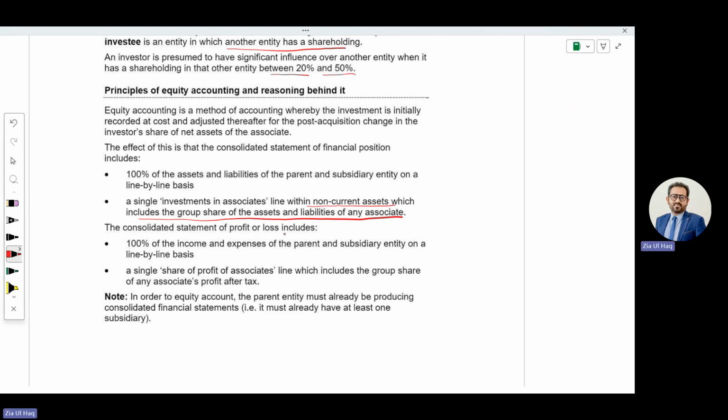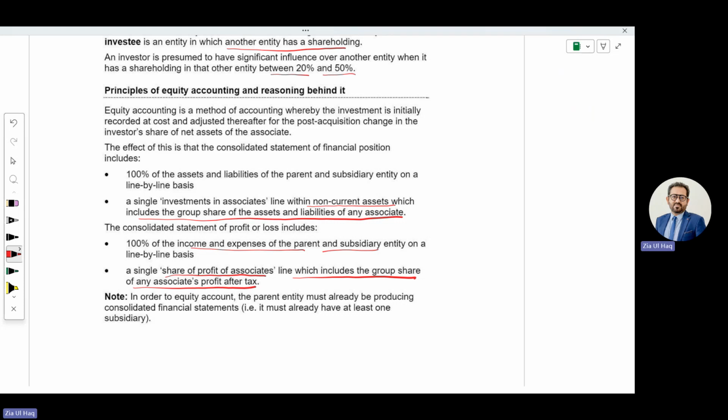In the consolidated statement of profit and loss, there is 100% of the income and expenses of the parent and subsidiary, not the associate. There is a single share of profit of associate line, which includes the group share of any associate's profit and tax.